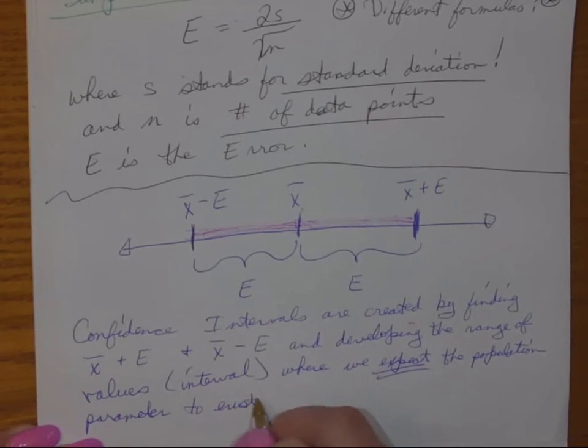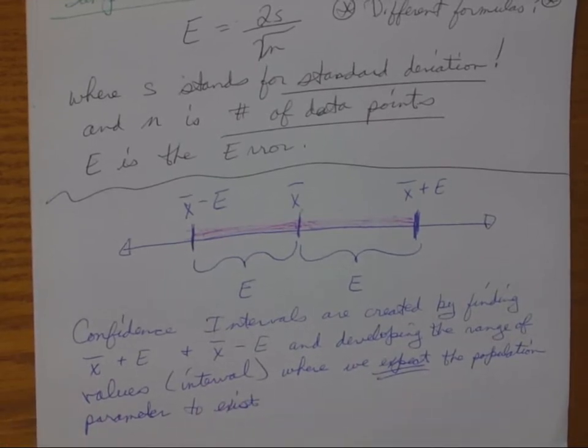I'll say exist. We expect that population parameter to exist inside of that interval, inside of that range. So basically we just add and subtract the margin of error or the error, and we find it, okay? So here's the deal.